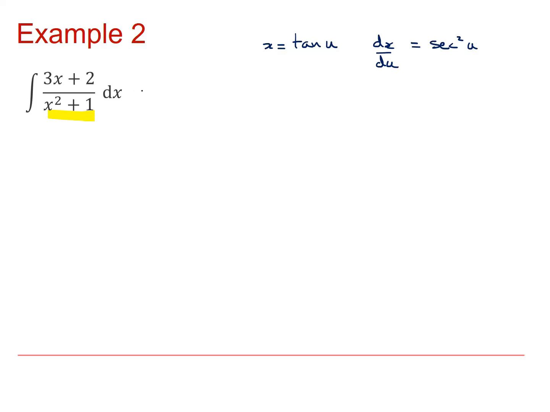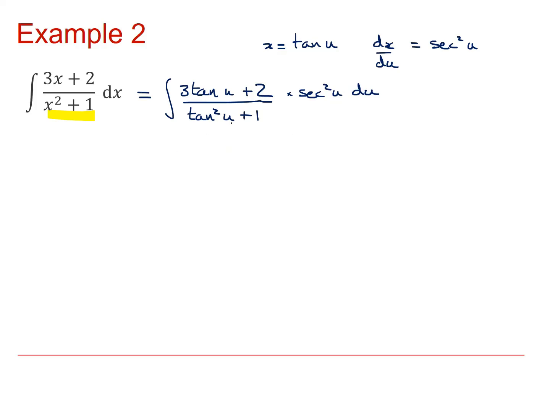I haven't got any limits to transform, so let's plug those bits in and see what we get. I get the integral of 3 tan u plus 2 over tan squared u plus 1, and that's times sec squared u du.